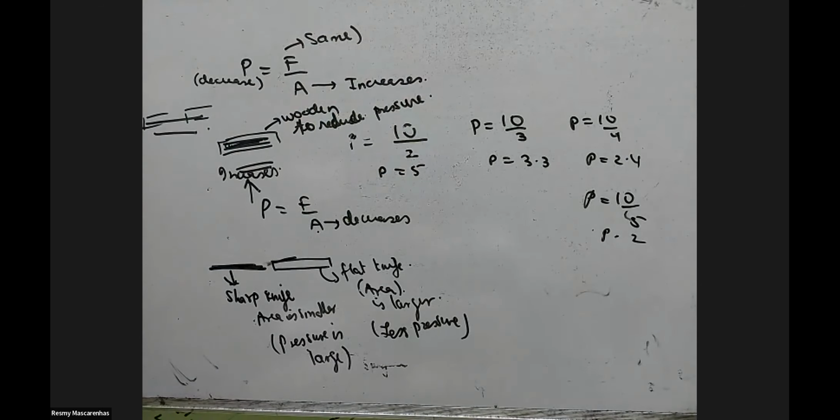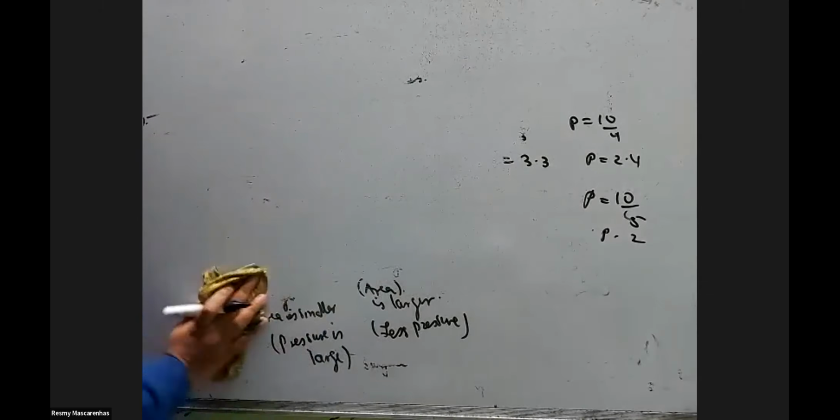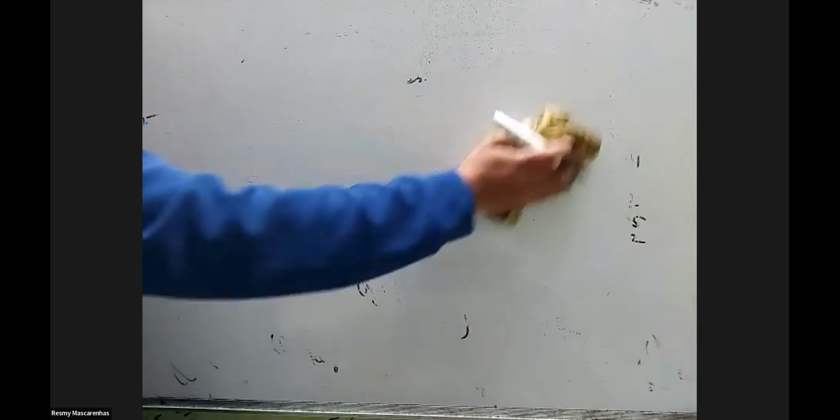And the third one: it is difficult for a man to walk on sand while a camel walks easily on sand. You have seen, if you go to the beach side, when you're walking on the sand, what happens? Your legs will try to go inside the sand. Walking on plain ground and walking on sand is different.